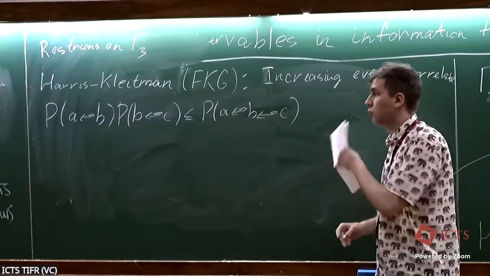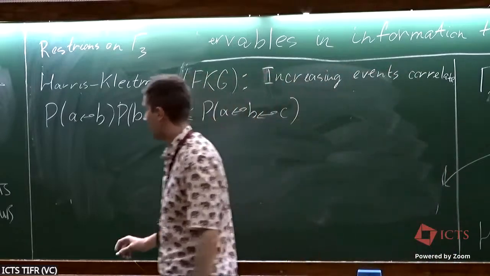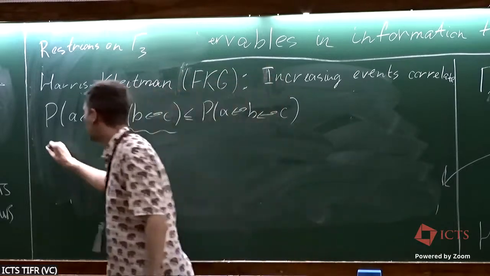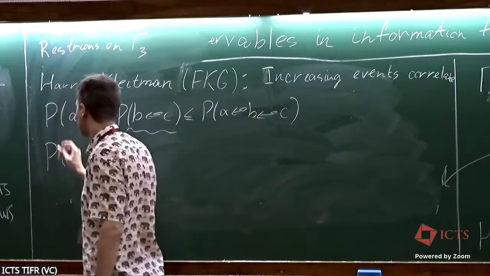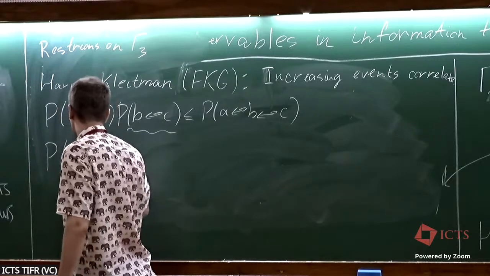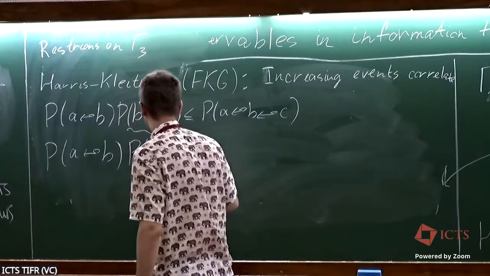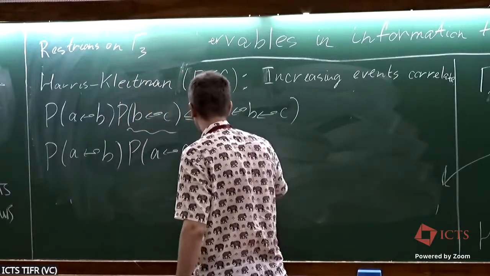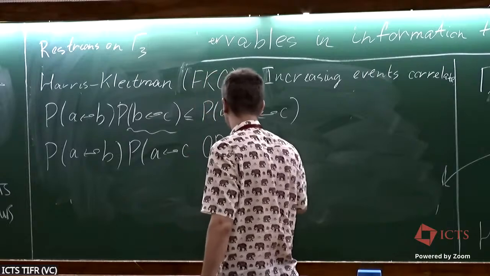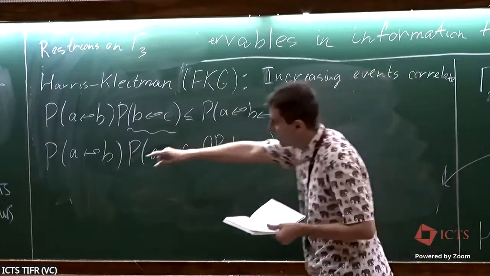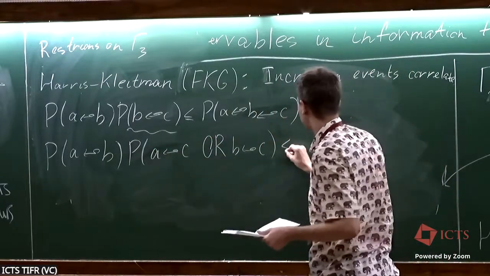Actually, we can say more. Instead of taking the event B is connected to C, we can take another event which is increasing in edges. We can take the event that either A is connected to C or B is connected to C. This event is also non-decreasing, but the intersection of these 2 events will be exactly the same.